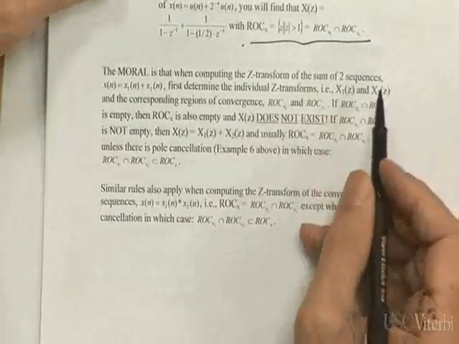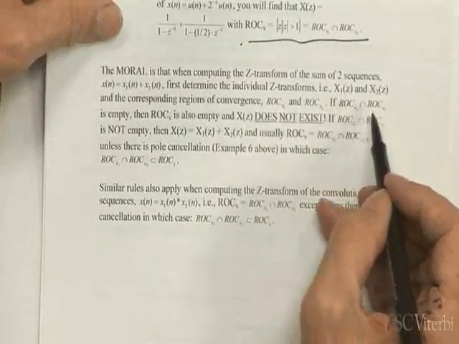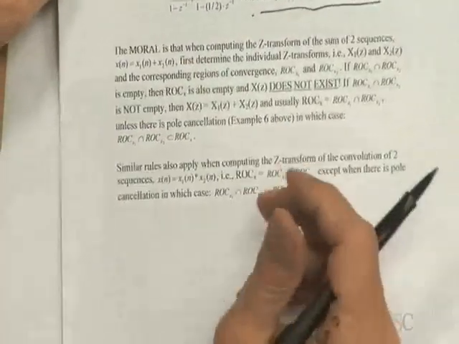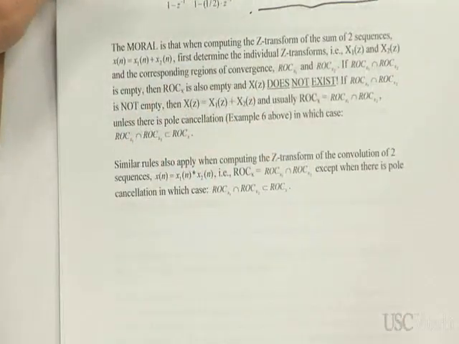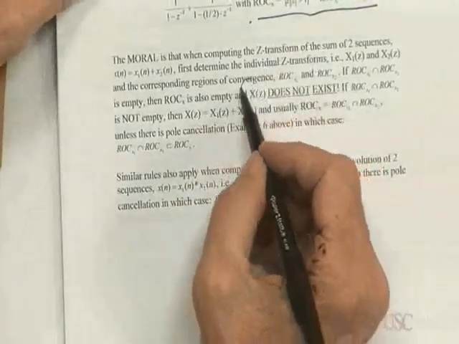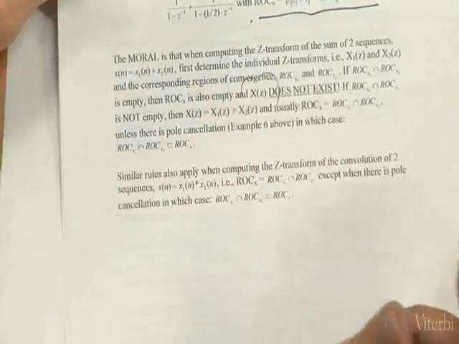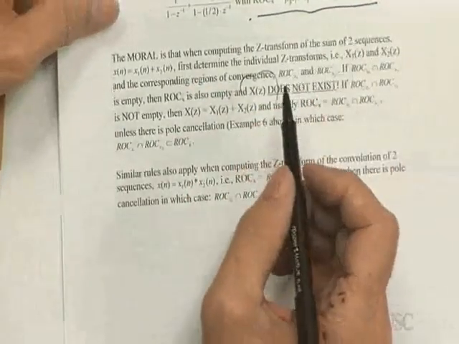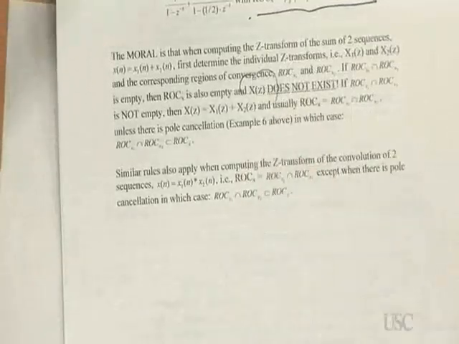The general rule of thumb is that if the intersection of those two regions of convergence is empty, then the region of convergence of the combination doesn't exist, and X of z doesn't exist.